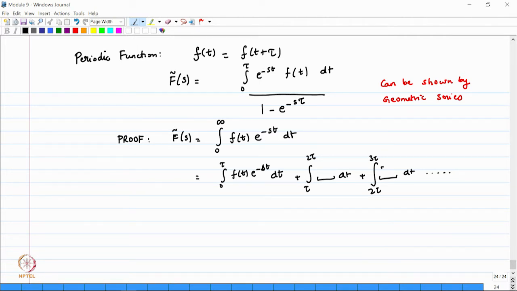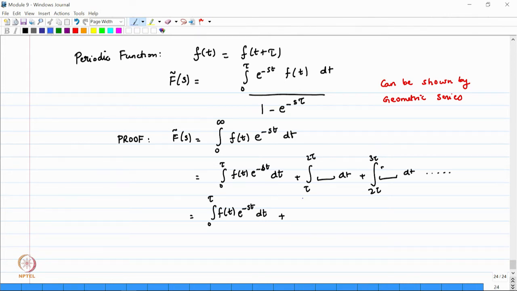So, now what I can do is the first term I will leave as it is, integral 0 to tau f t e to the minus st dt, plus, now in this what I will do is a change of variables.